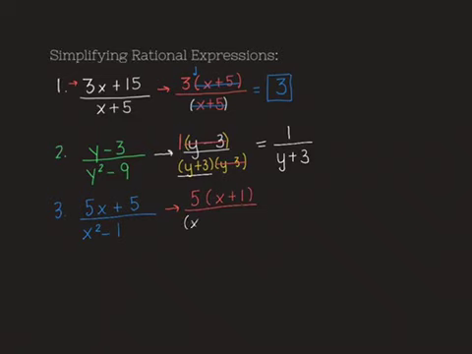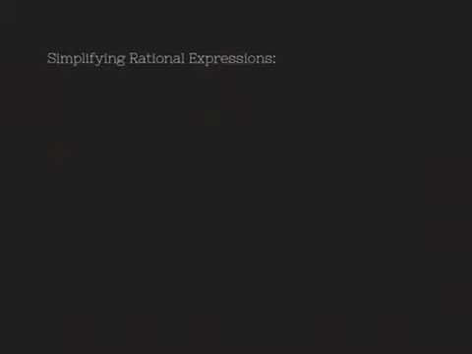So this factors into x plus 1, x minus 1. So now I see that they both have this x plus 1 that I can cancel out. So in the numerator, I'm just left with the 5, and in the denominator, I'm left with the x minus 1. Okay, we'll look at one more here.